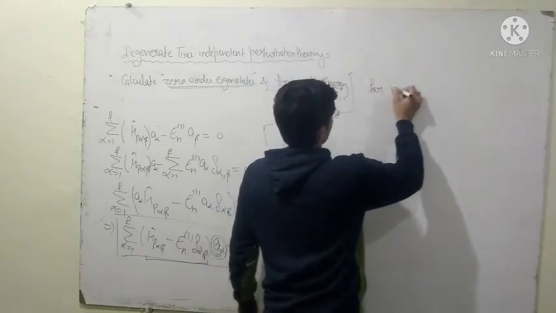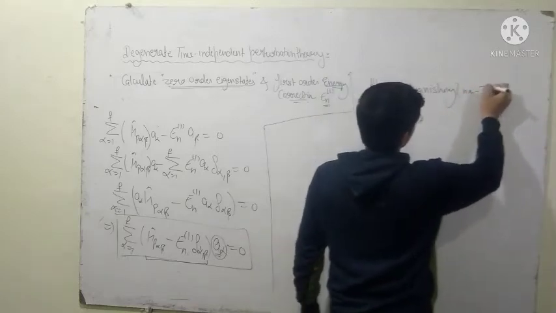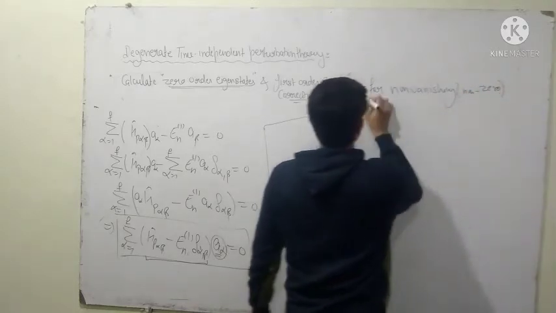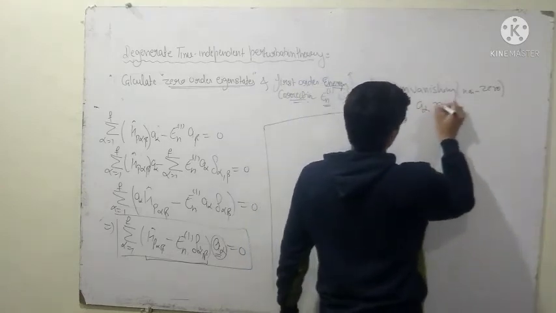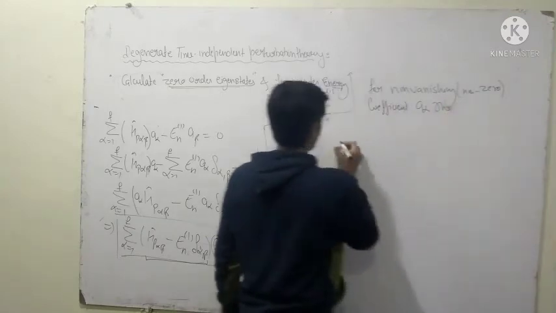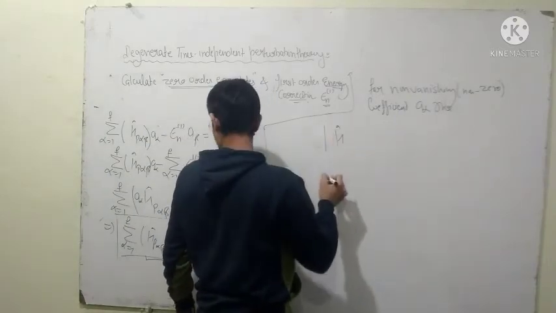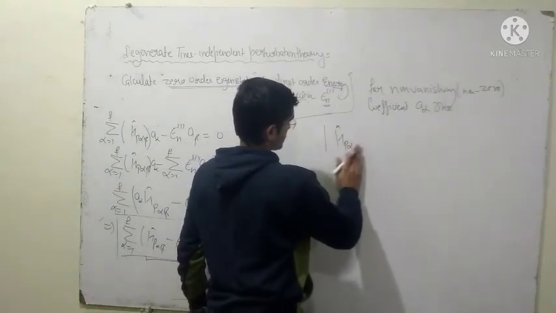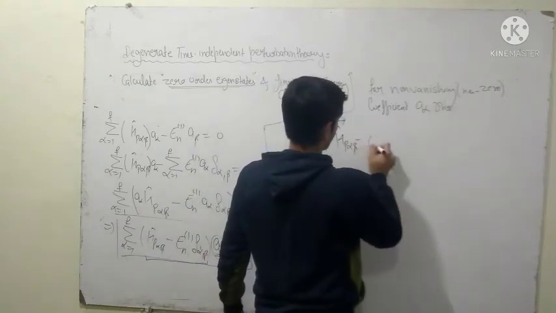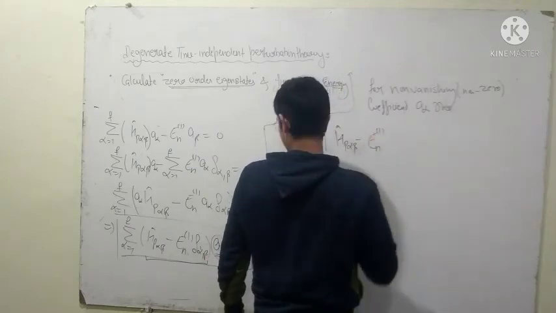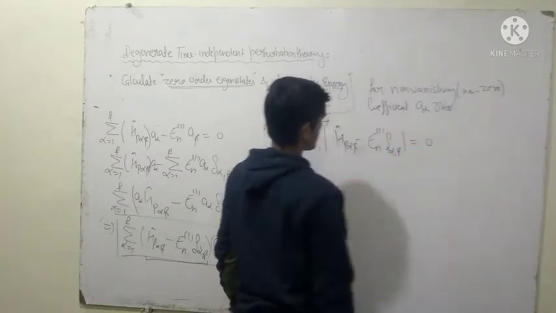So for non-vanishing or non-zero coefficients a alpha, the determinant of this particular term, which is h p alpha beta minus en1 delta alpha beta, has to be 0.